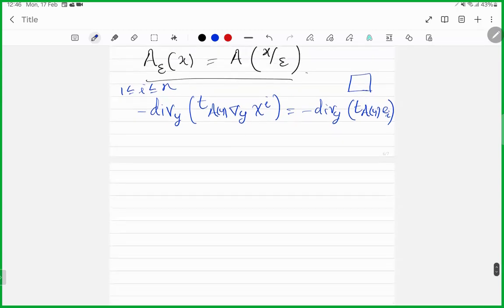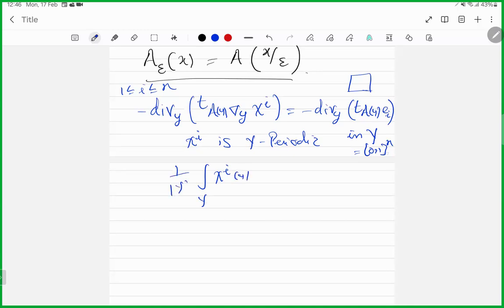So you look at this equation. This was given in the cell Y. What is Y? Y is equal to (0,1)^n, right? And we assume that chi I is Y periodic. I mean, that's the condition that you give on the boundary. So it's periodic boundary condition. And for uniqueness, you can assume the mean value is 0.